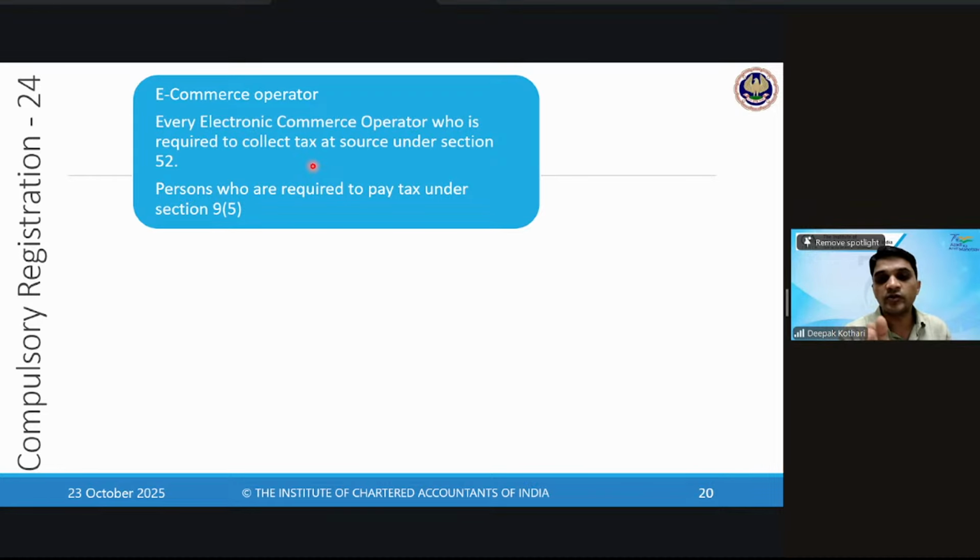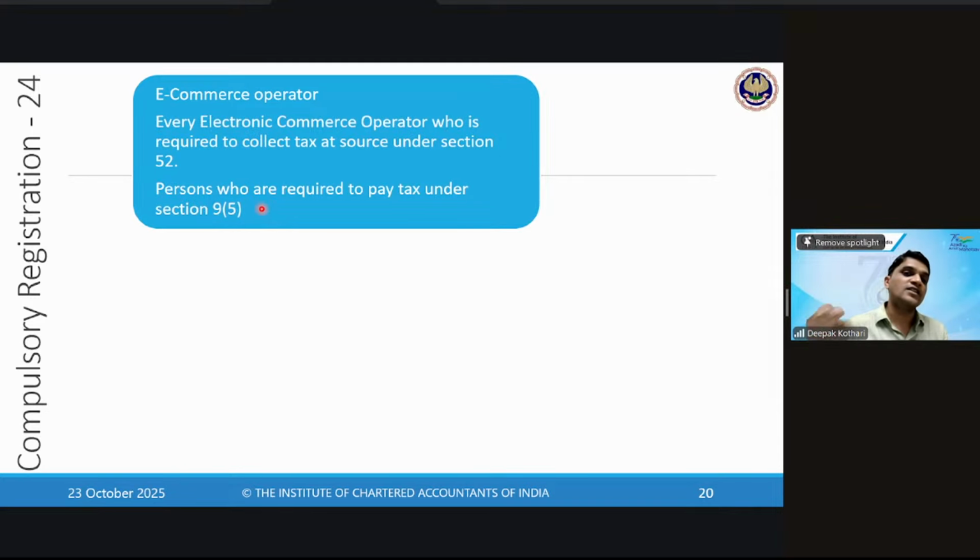And a person who is required to pay tax under section 9(5). In supply, we had covered a special category of e-commerce operator who will pay tax on behalf of the supplier. The supplier will supply, but the supplier will not pay the tax. This e-commerce operator will collect and pay the tax, because they are covered under section 9(5).